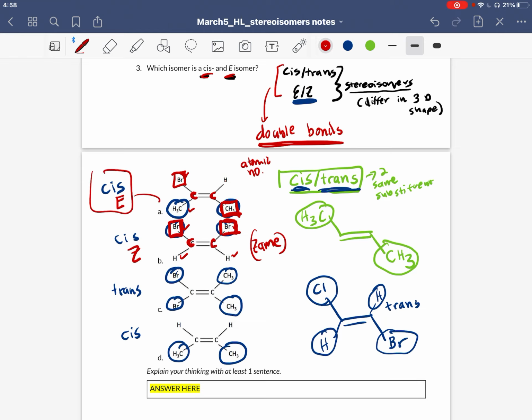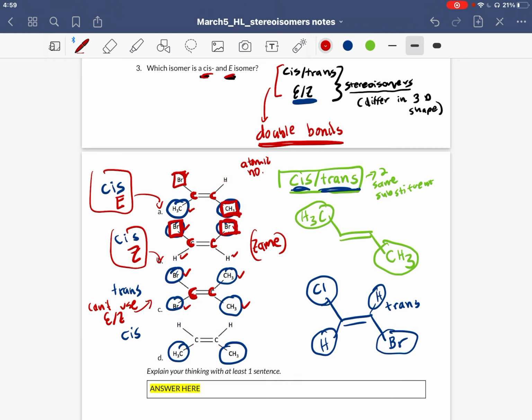So A is cis and E, B is cis and Z. C, this first carbon, Br and Br, these are exactly equal, so I can't assign priority. The second carbon, these are also exactly equal. So I can't use EZ to describe this molecule.